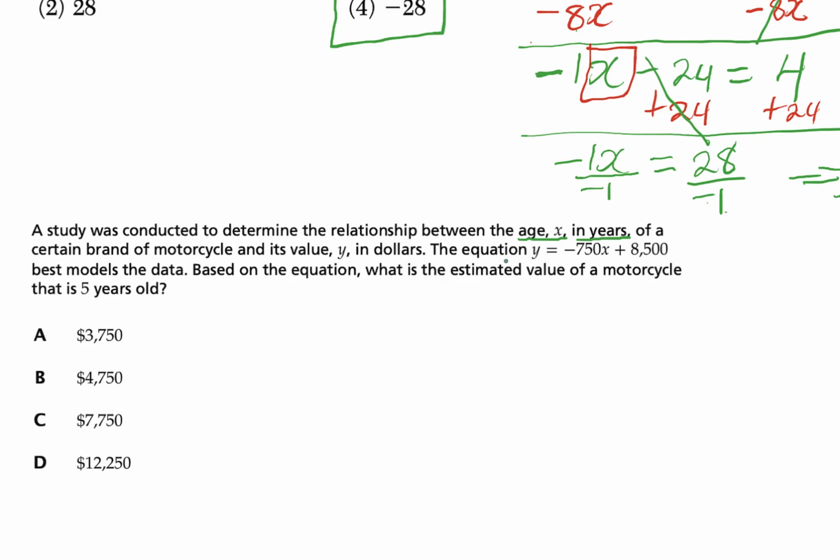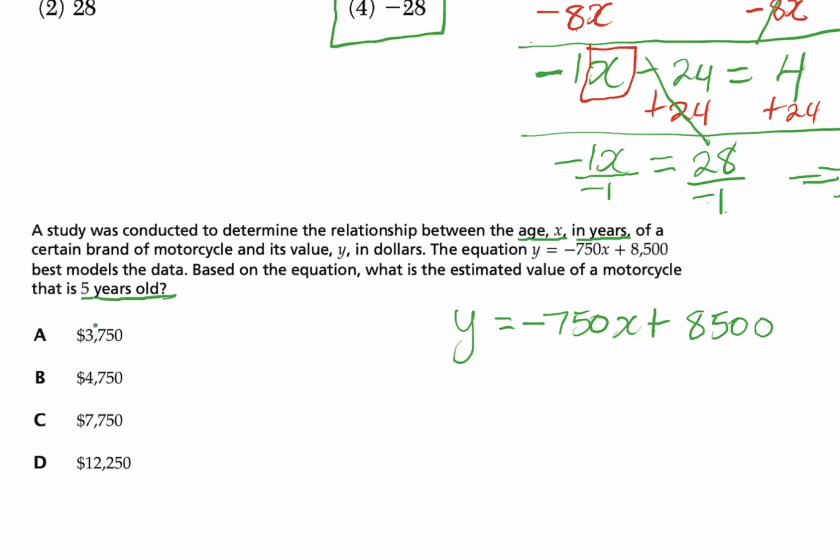Now they give you the equation. It says the equation y equals negative 750x plus 8,500 best models the data. And they said, based on the equation here, what is the estimated value of a motorcycle that is 5 years old?